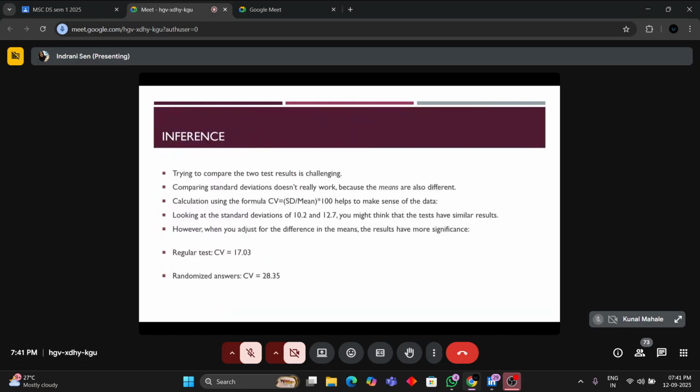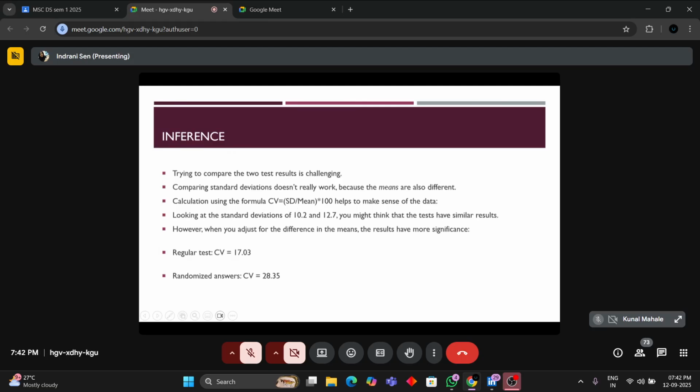Next, we are talking about comparing two results, and comparing standard deviation doesn't really work, because the means are different. Calculating the coefficient of variation, which is standard deviation divided by mean into 100, helps to make sense of the data.